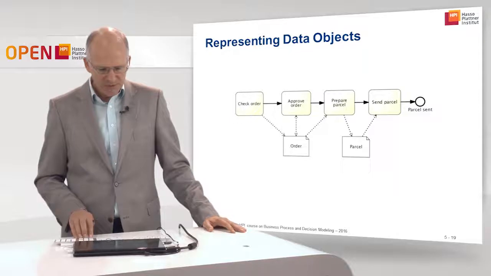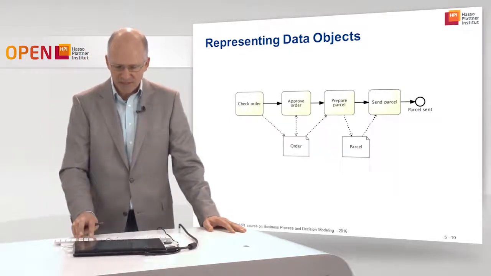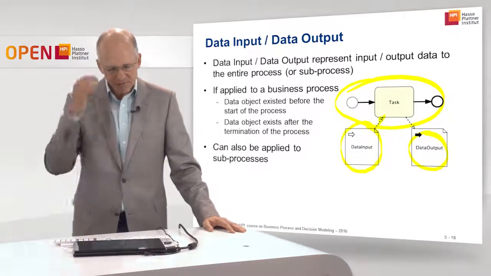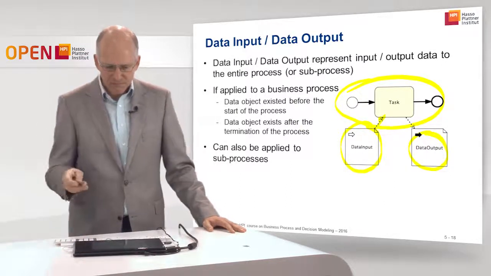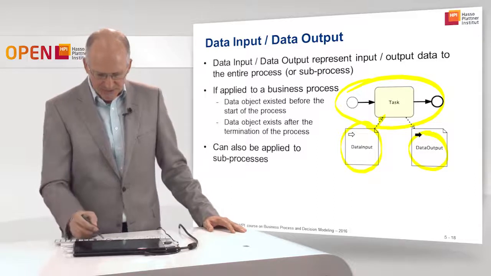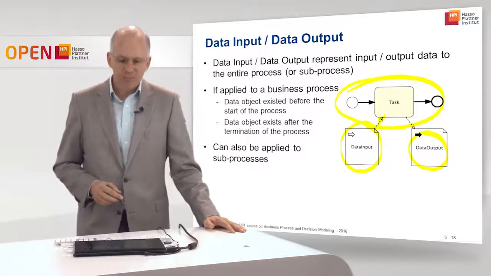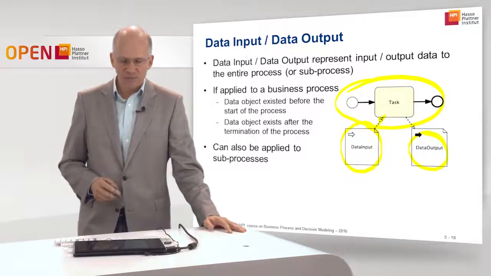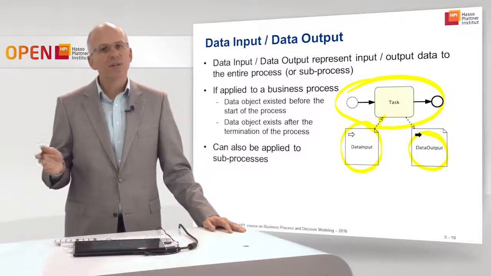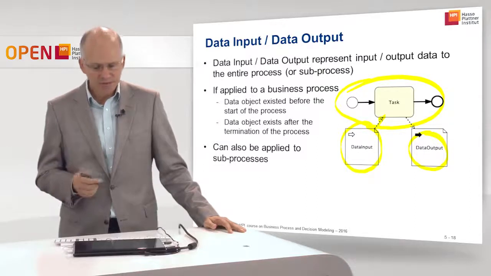All right, when we want to represent data objects, we can use associations like we've done here. Because it appears here the first time, I can say a few words on the association between the data object and the activity, which holds both for data input and output, as well as for other data objects.